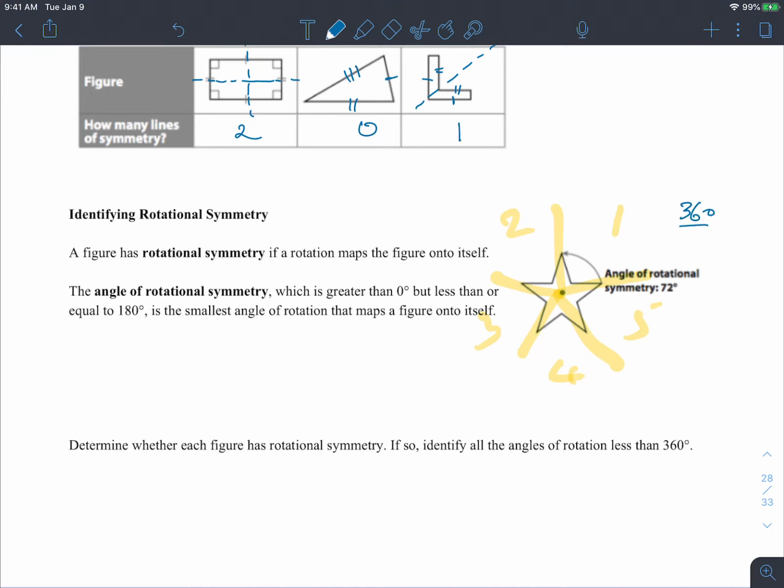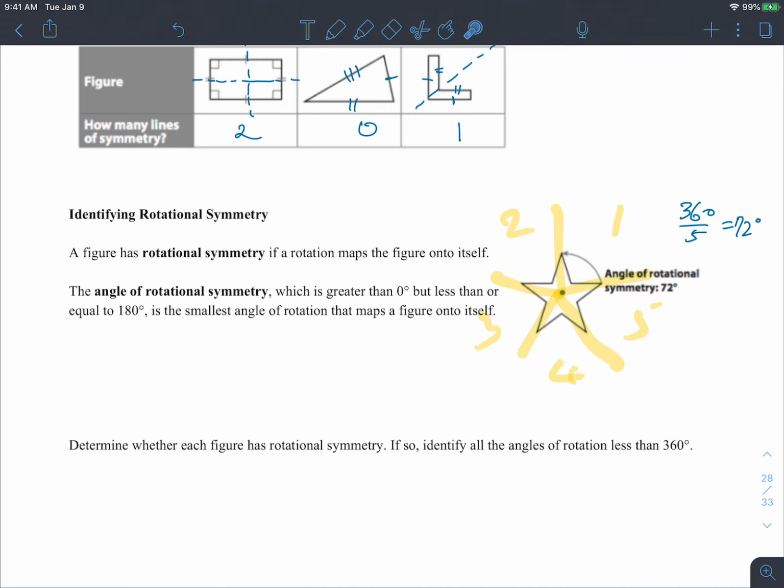So 360 divided by 5 is 72 degrees. So what that means is that we move 72 degrees this way. That was unnecessary for me to write because it says so right here, okay?